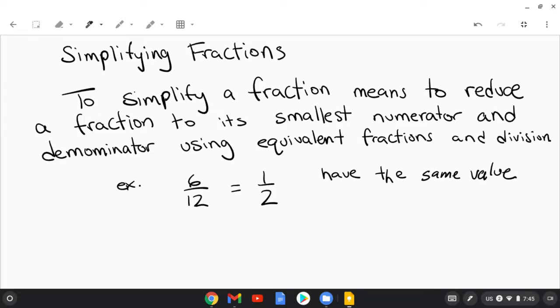And I can show that by writing each of these as a decimal. 6 divided by 12 is 0.5. 1 divided by 2 is 0.5. They have the same value, and so they are equivalent to each other. 1/2 is in simplest terms. There are no longer any factors that are the same. And so it's in simplest form, we call it.